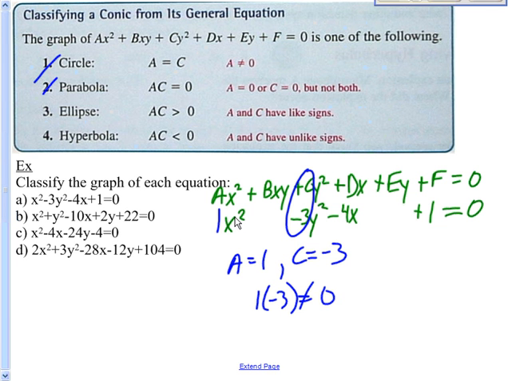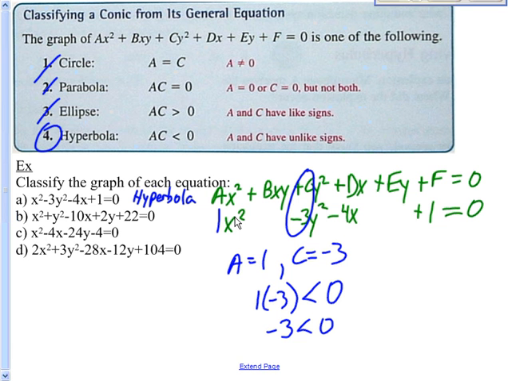Is 1 times negative 3 greater than 0? No, negative 3 is definitely not greater than 0. It is not an ellipse, right? Finally, is A times C less than 0? I say sure. That is true. So we are apparently a hyperbola.